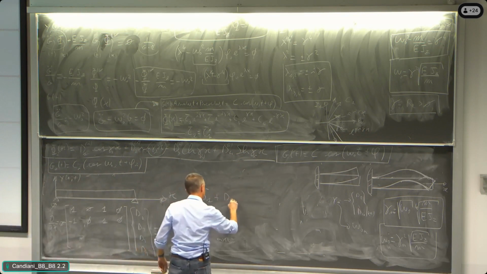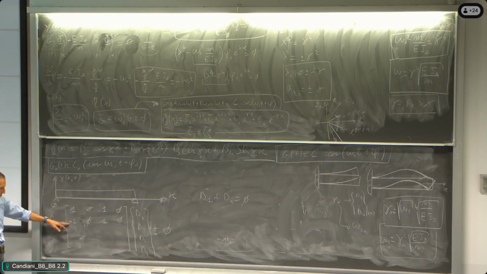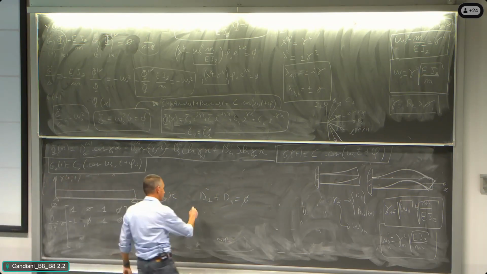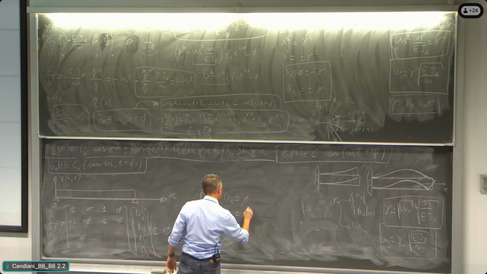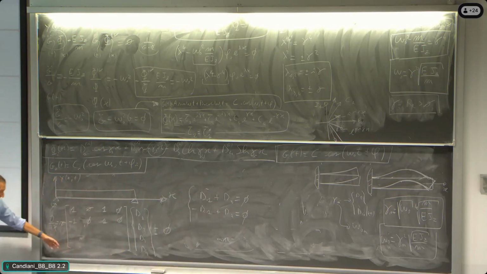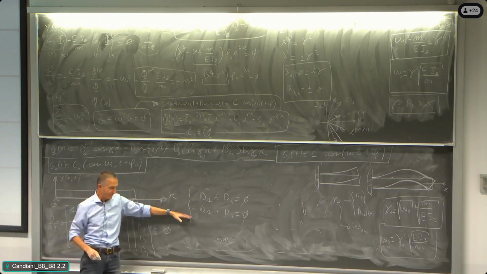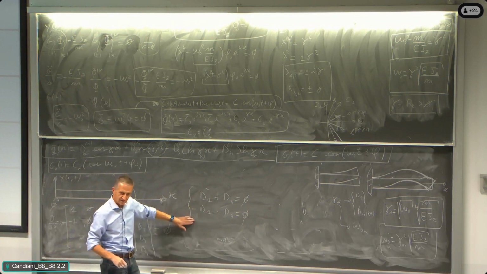D1 plus D3 equals 0. This second equation is saying minus D1 plus D3 equals 0. All right? It is not necessary that I go ahead here, because by now I have enough for saying that D1 is 0 and D3 is 0.